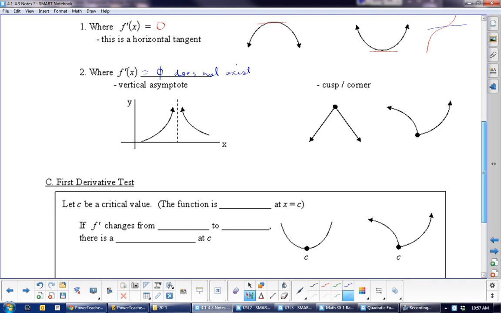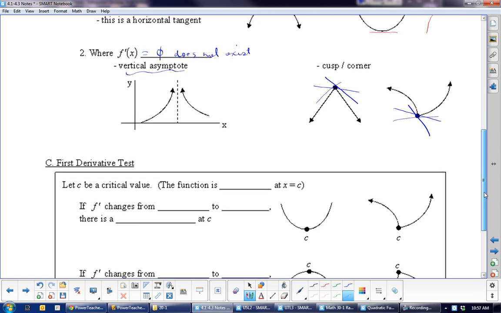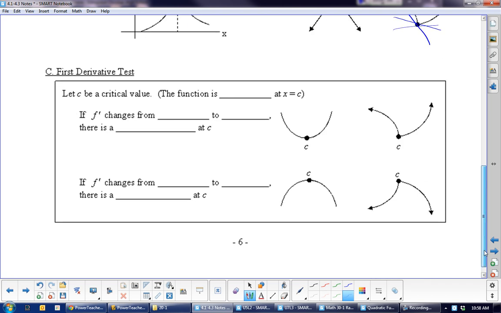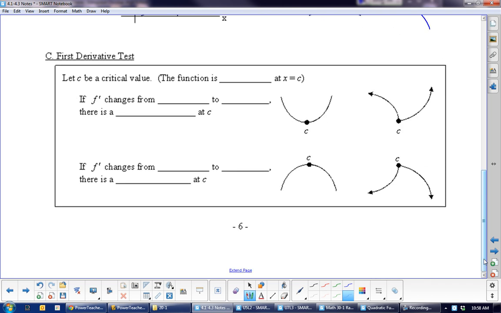So where a derivative will not exist is at an asymptote and when there's a cusp or a corner, because you can't find the slope at this point or this point. So it would not have a derivative there. Okay, so wherever we say the letters CV or critical values, we're looking for when slope equals 0 or does not exist.